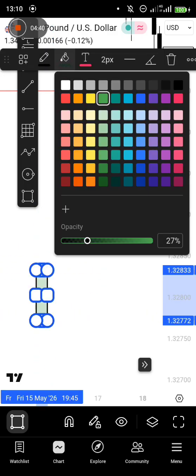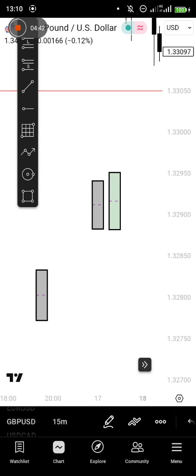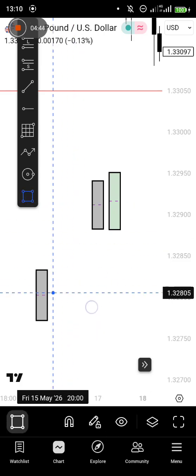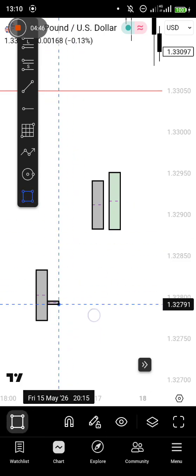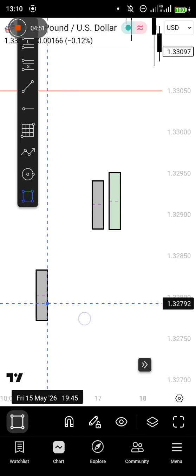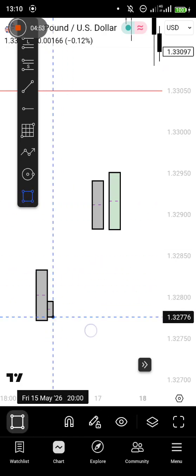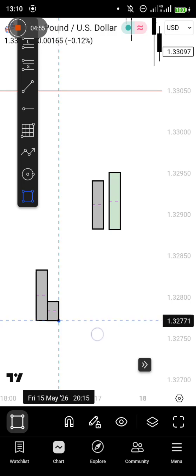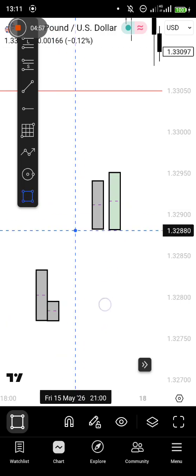Let's say this is a bearish, and we have one set of a bullish candle, but not overtaking the whole body of the bearish, right?